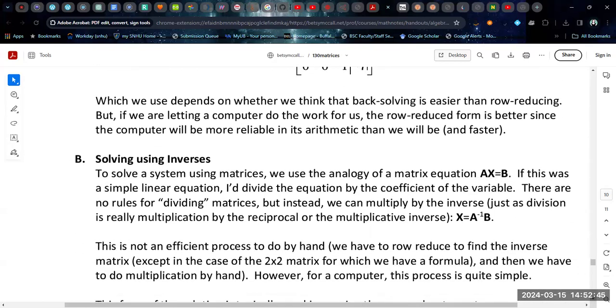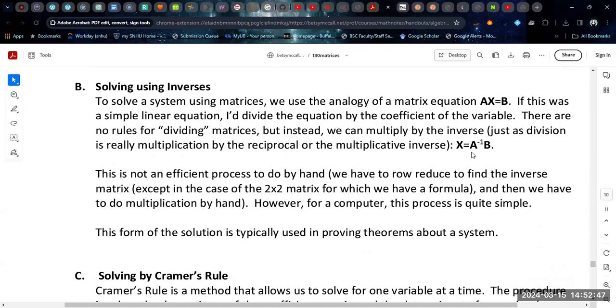Now, we can also solve systems using inverses, assuming our system is invertible.